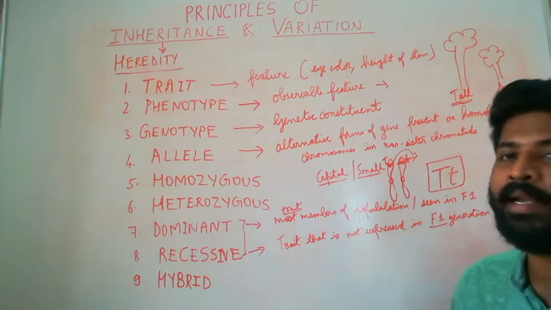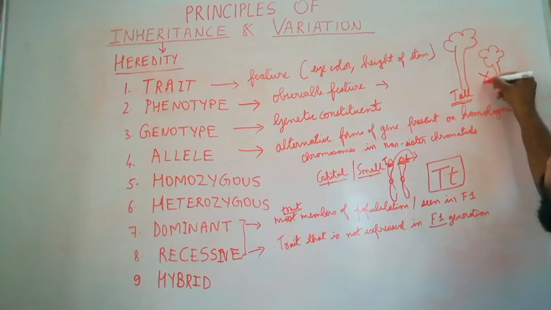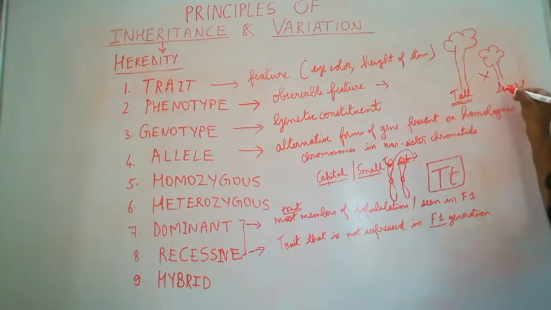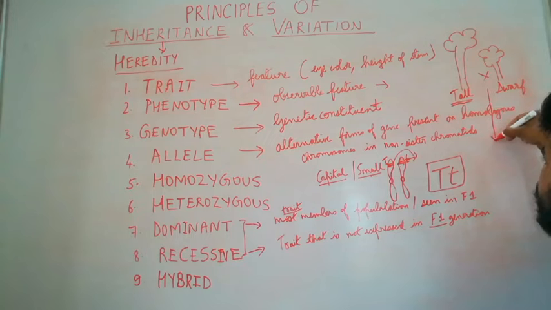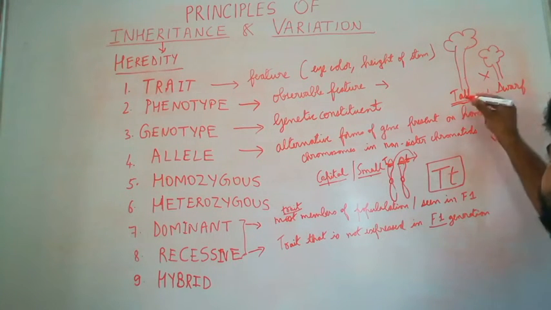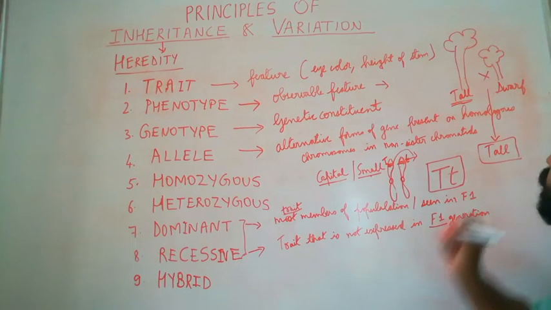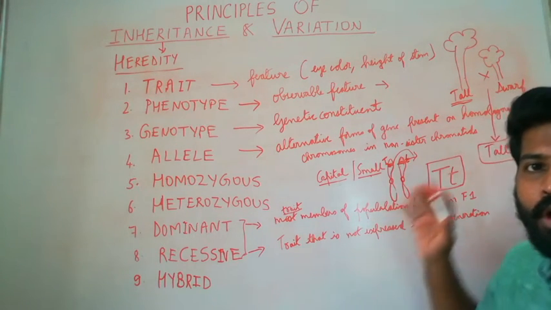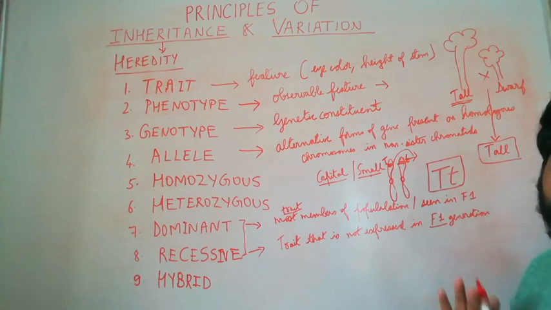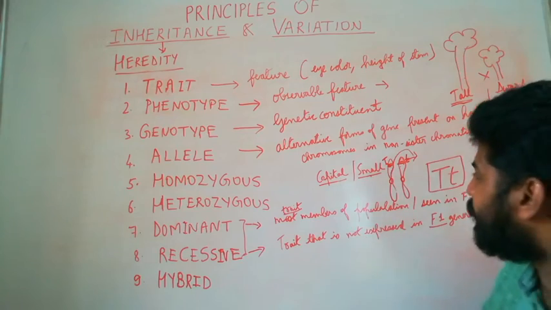This is what Mendel found when he carried out a cross between a tall plant and a dwarf plant. The plants produced from the seeds of this cross were all tall. So tallness is a dominant trait, whereas the recessive trait is not expressed.